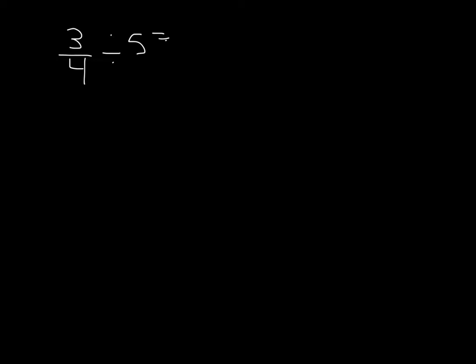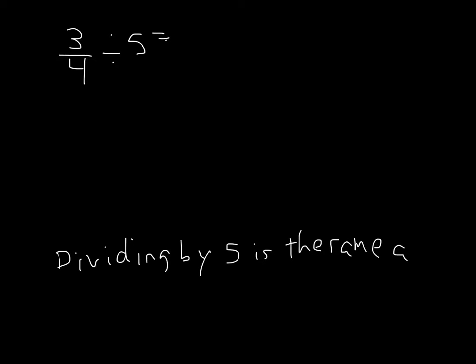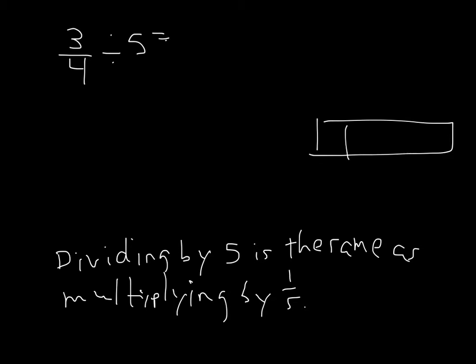And that statement is this: that dividing by 5 is the same as multiplying by 1/5.